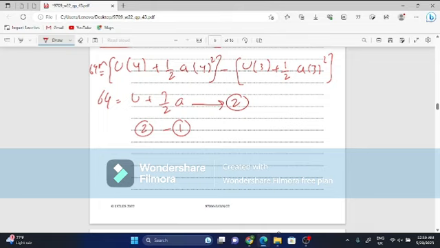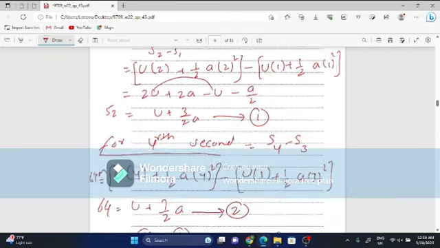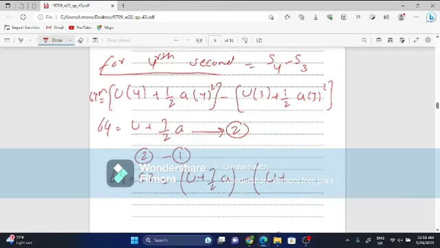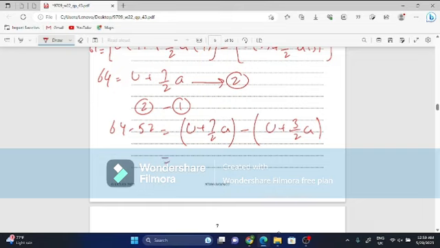So that gives me 64 minus 52, which is equal to u plus 7 by 2 times a minus, the equation one was u plus 3 by 2 times a. So do it and your answer will be coming as 12 is equal to 2 times a. So 12 is equal to 2 times a, and a would be coming as 6 over here.